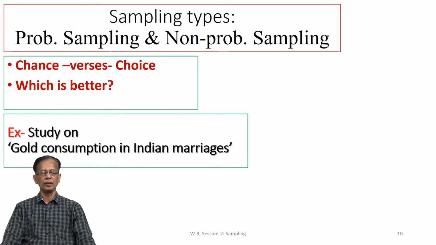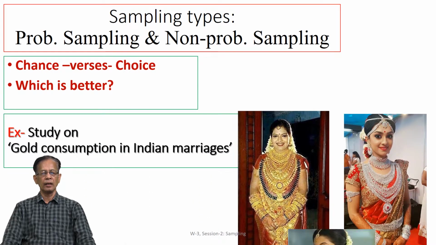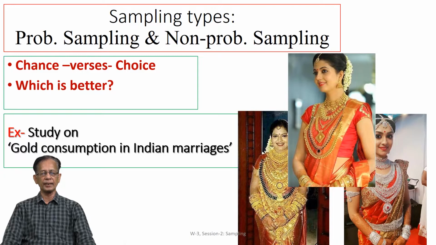If you can see the pictures, you can see some brides. So, I think we can take them as a sample. This is how we have the gold consumption, particularly for celebrations like marriages. So, can you take this as a good sample? Again, I am not going to answer. I hope you will be getting the answer very soon.